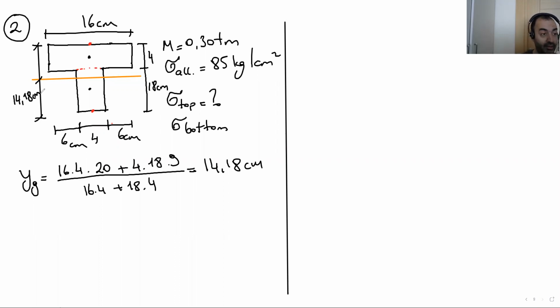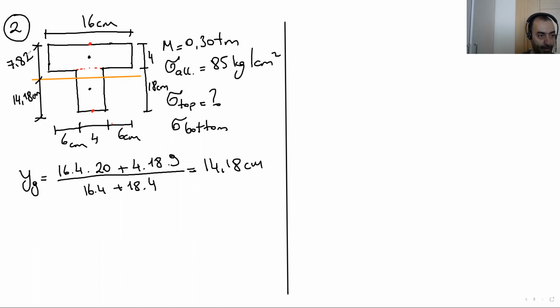Can we calculate the distance above? Yes. The total height of the section is 22, according to the given dimensions on the sketch. So 22 minus 14.18 gives us 7.82.